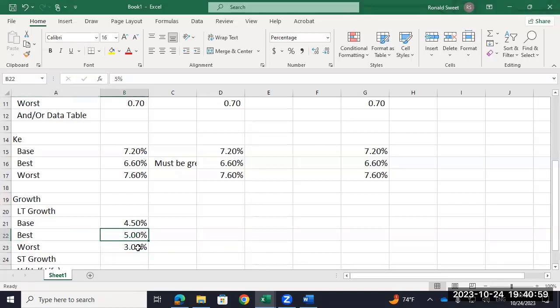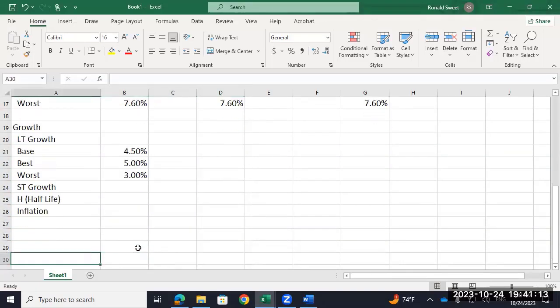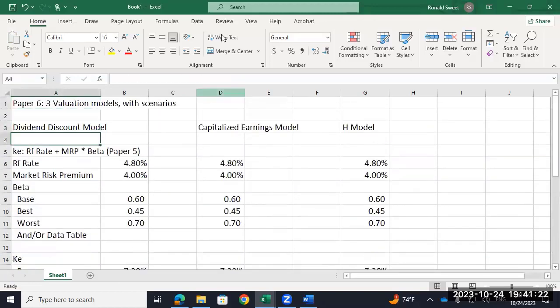So your best case is your highest growth, your worst case is your lowest growth. My best case is 5%. My lowest KE is 6.6, so I'm in pretty good shape there, right? On inflation, that applies to the, let me put some titles in here.